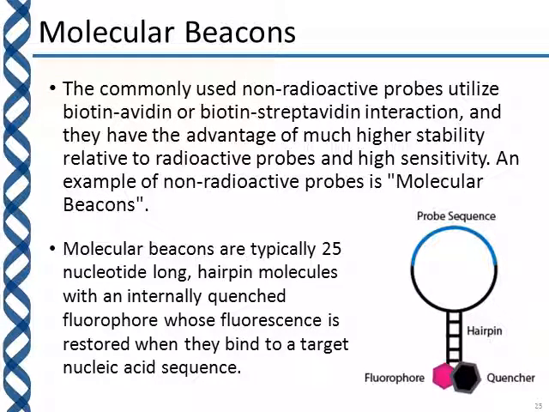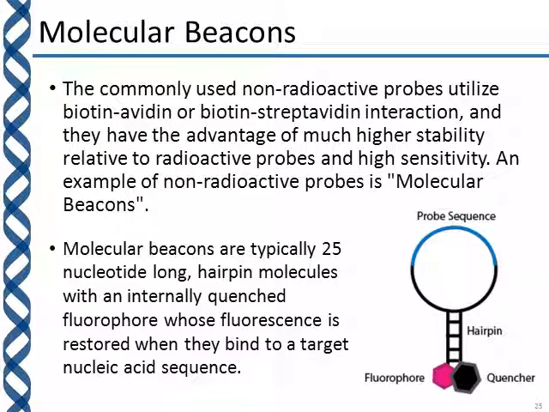The commonly used non-radioactive probes utilize a biotin-avidin or a biotin-streptavidin interaction, and they have the advantage of a much higher stability relative to radioactive probes and high sensitivity.